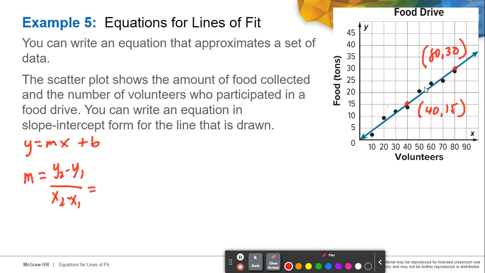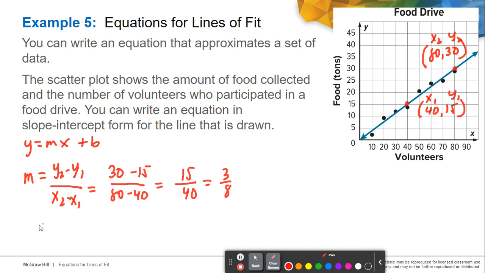Okay, let's find our slope. Remember, this is x sub 1, y sub 1, x sub 2, y sub 2. So we just have 30 minus 15 over 80 minus 40. 30 minus 15 is 15. Okay, 80 minus 40 is 40. If you simplify 15 over 40, that will give you 3 over 8. So our slope will be 3 over 8.